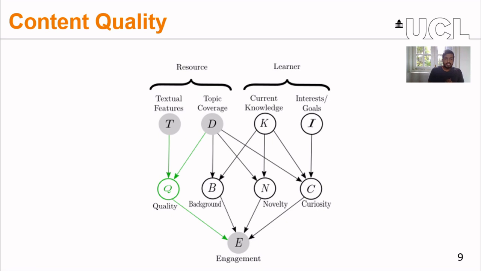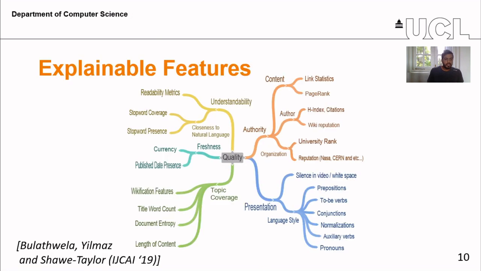What that means is, in this project, we are building machine learning systems that can identify the quality of educational materials. In support of doing that, we've gone through various literature from different domains, and we've identified certain features that are indicative of quality in information.